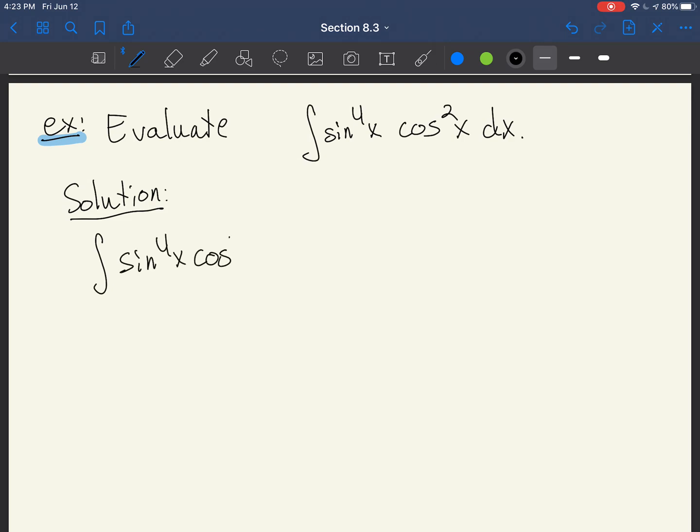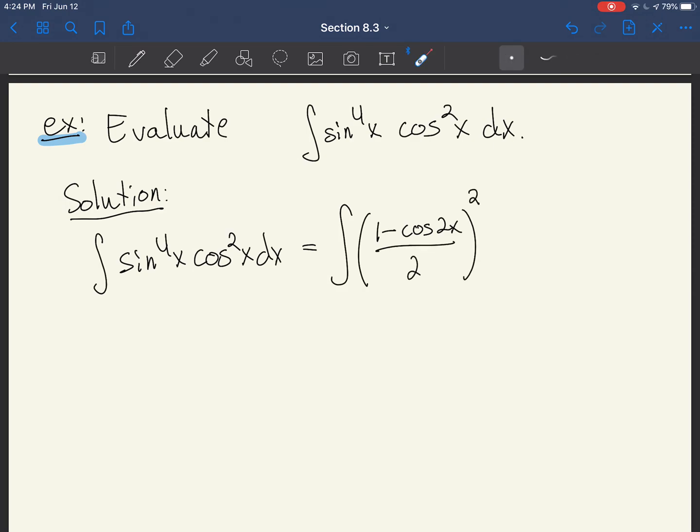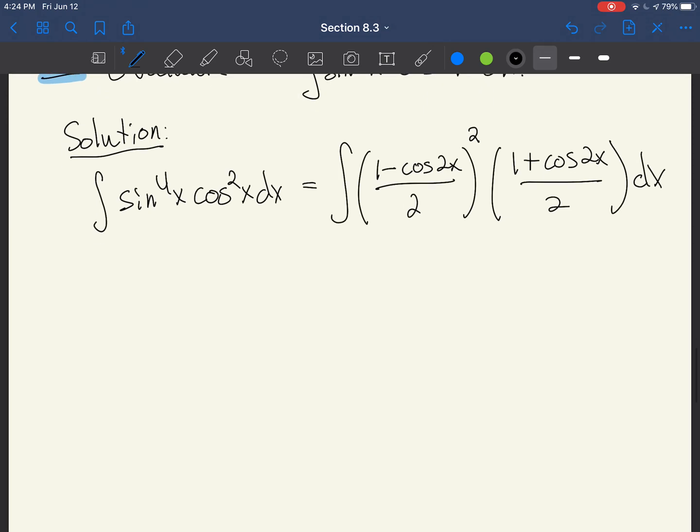So the integral of sine to the 4th x times cosine squared x dx is the integral of 1 minus cosine 2x over 2 quantity squared, because sine to the 4th is sine squared squared, and everything in the parentheses is sine squared, times 1 plus cosine 2x over 2 dx.